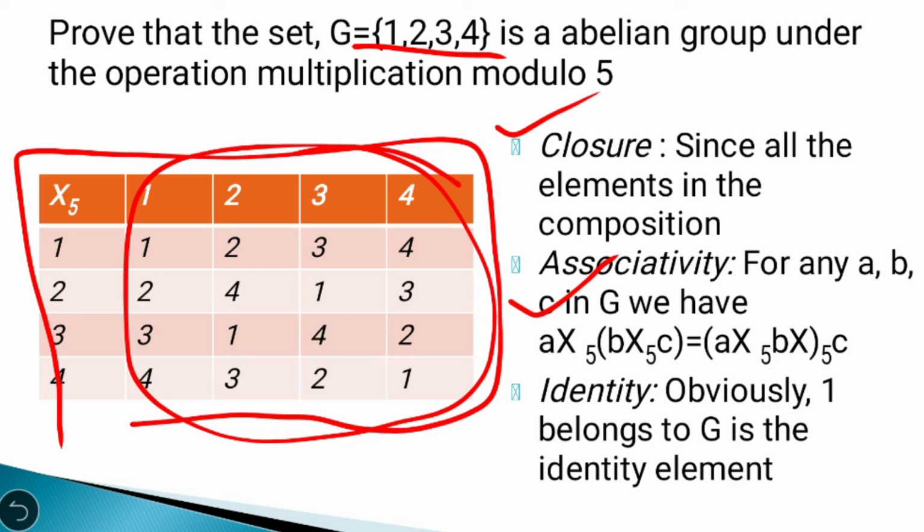Third property is identity. You can easily find that 1 belongs to G and it is the identity element.